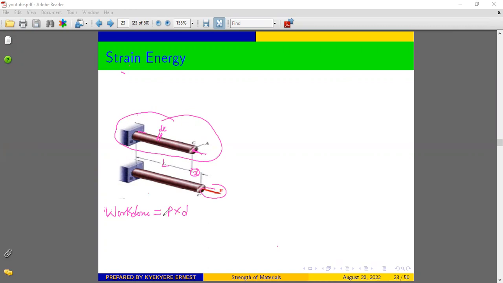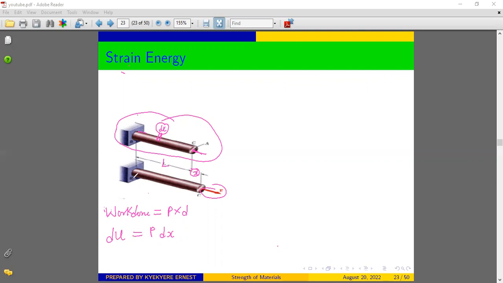So from here, if we are considering just a small distance, then we can say that the work done, which is U, is equal to P dx.